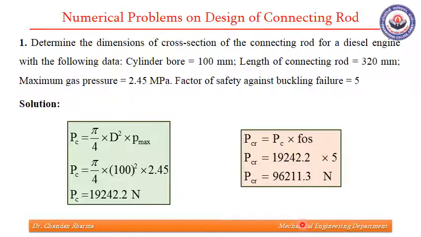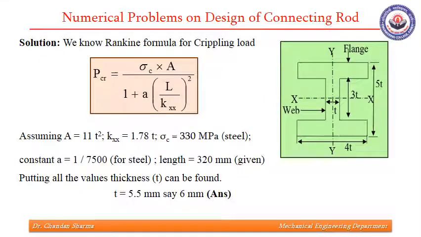That means whatever load is coming on the connecting rod, we'll multiply that by 5 to find the crippling load. So the crippling load comes out to be 96,211.3 newtons. This is the very famous Rankine formula.